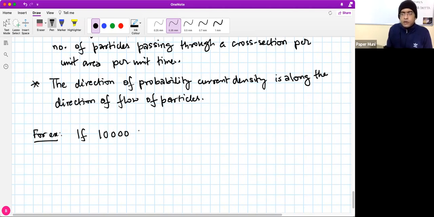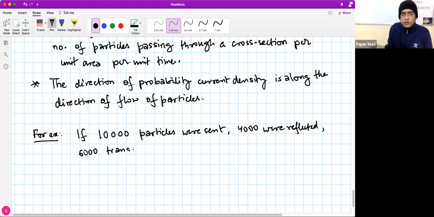What do we actually measure in a scattering experiment? That is what we are going to talk about. Say 10,000 particles were sent in the beam. Then say in the experiment 4,000 are reflected and 6,000 transmitted.